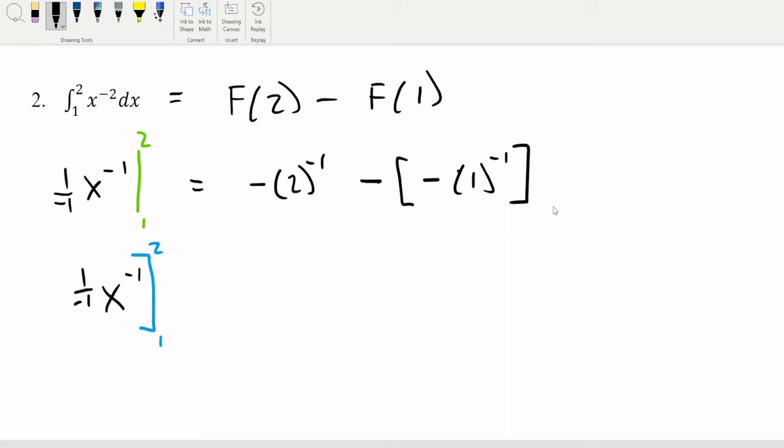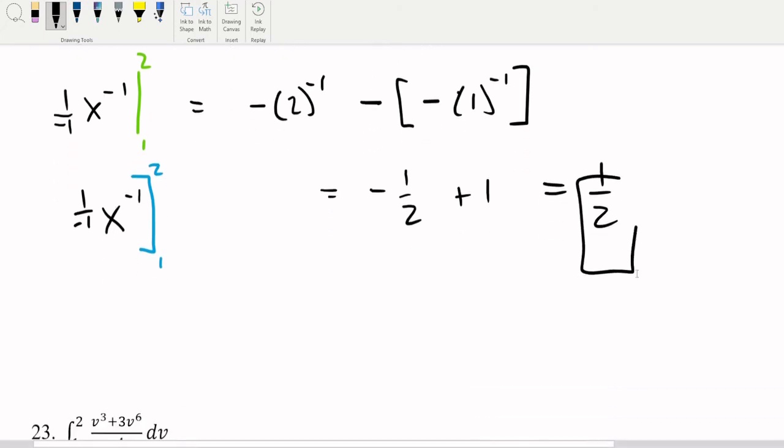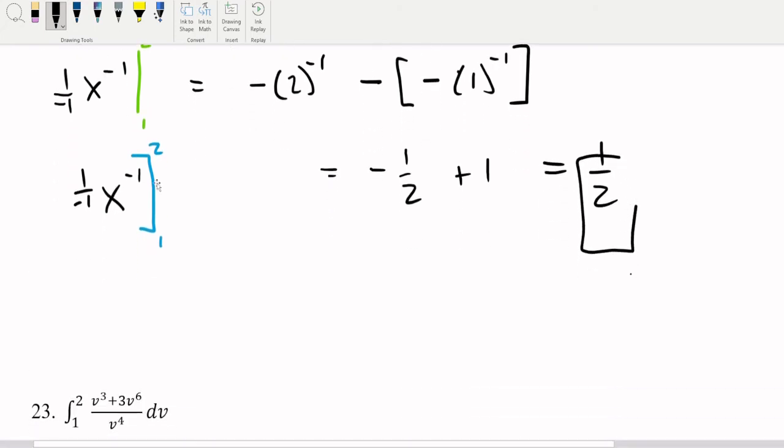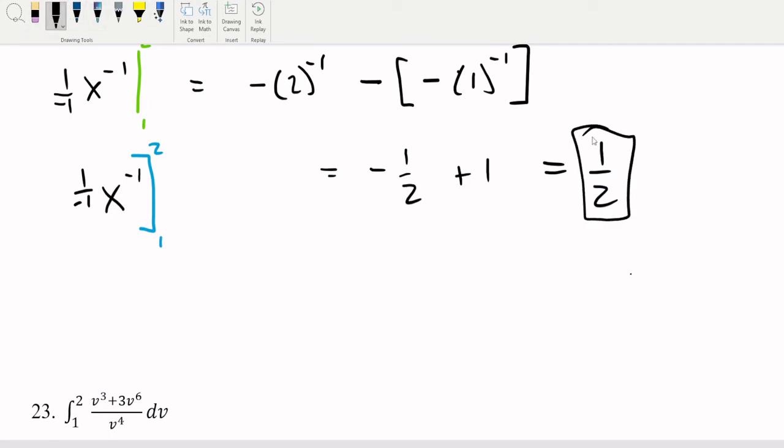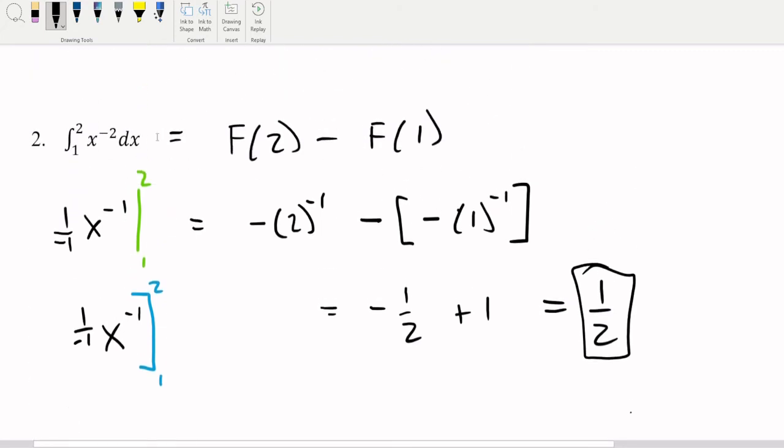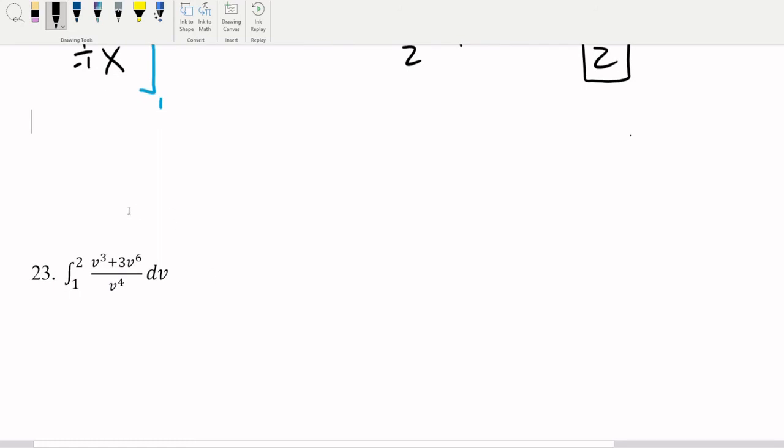So this is equal to -1/2 minus minus is +1 and 1/2. So there you go. Take the antiderivative, plug in the bounds, subtract, you're done. Top minus bottom every time. Don't forget about that.